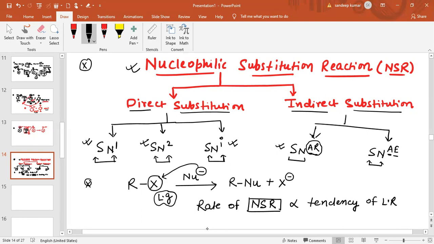A better leaving group means a faster reaction. So basically the leaving group will decide.